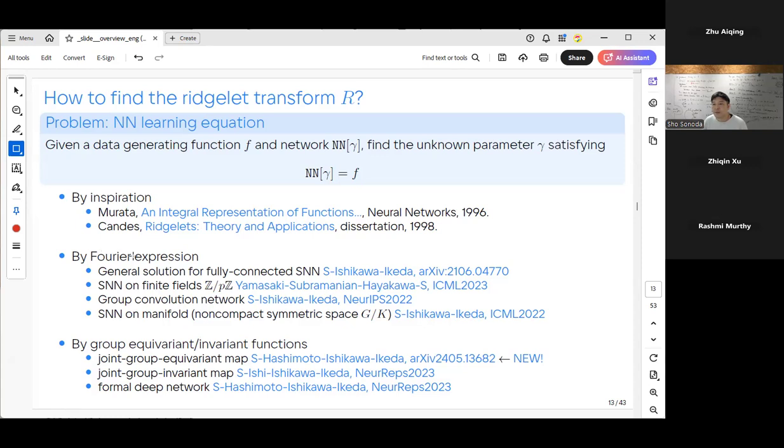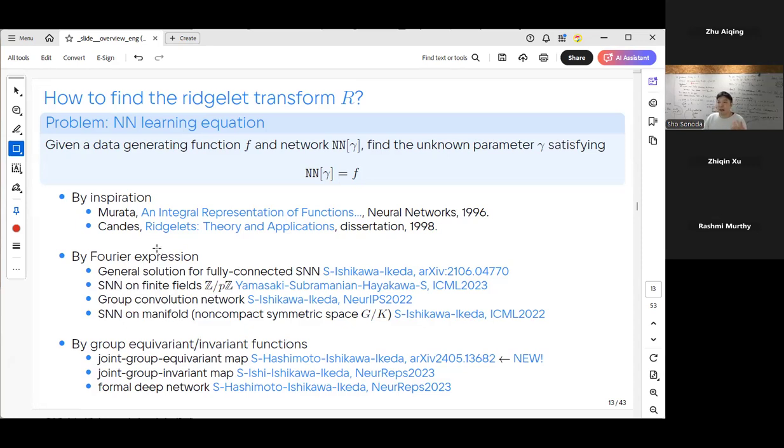The Fourier expression method is also a really strong approach, and you can obtain a Ridgelet transform for neural networks on manifolds or group convolution neural networks. But this method is limited to the single hidden layer case.